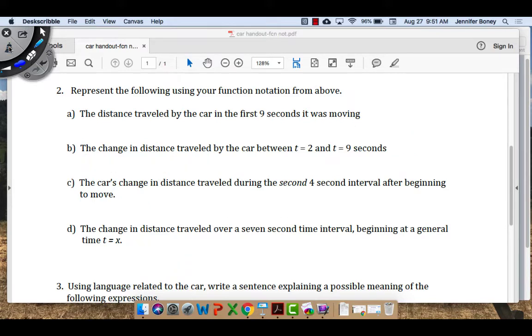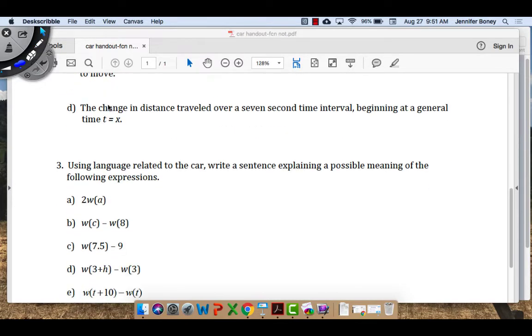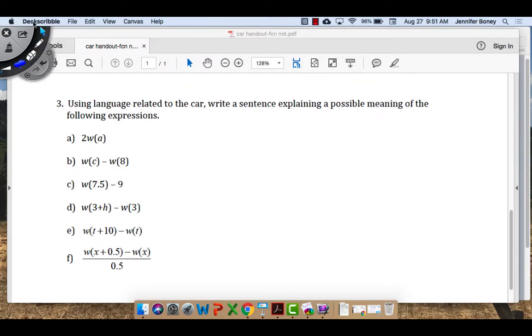All right. So number 3, somebody else wrote expressions, and our job was to try to explain what they could possibly mean, using stuff about the car, not just W's and A's and H's and X's.